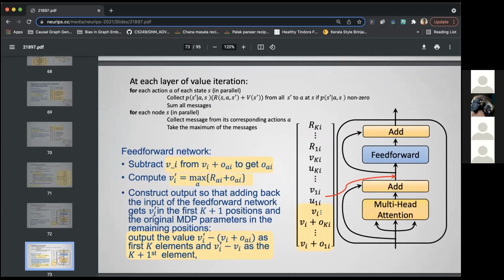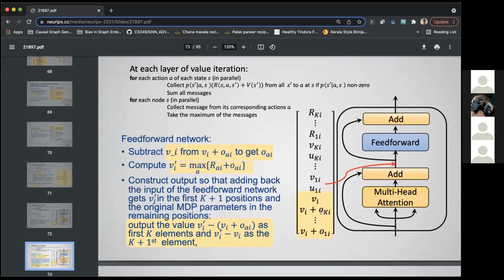And subsequently, we can use the universal approximation ability of a feed-forward neural network to do the rest of this computation. So we already have this expected reward, and we have already multiplied the value by the transition probability.